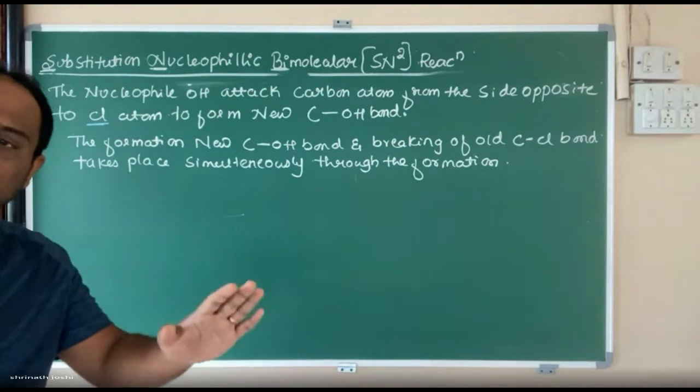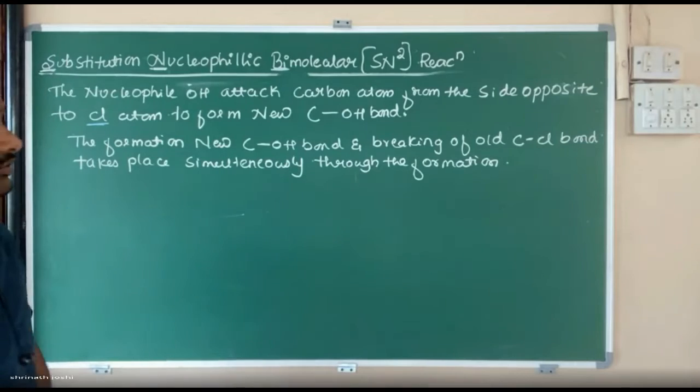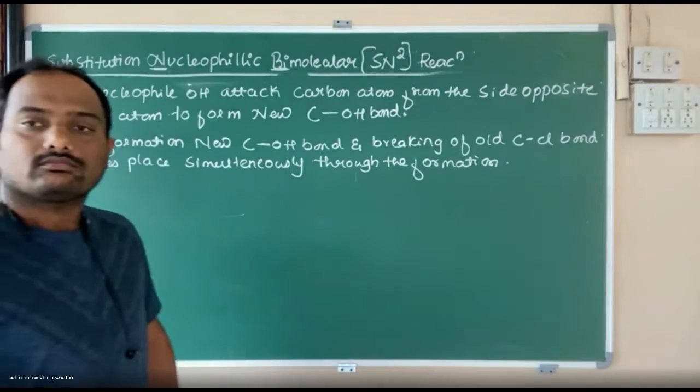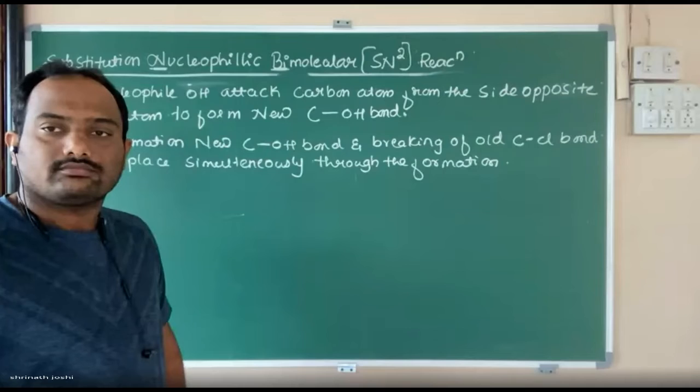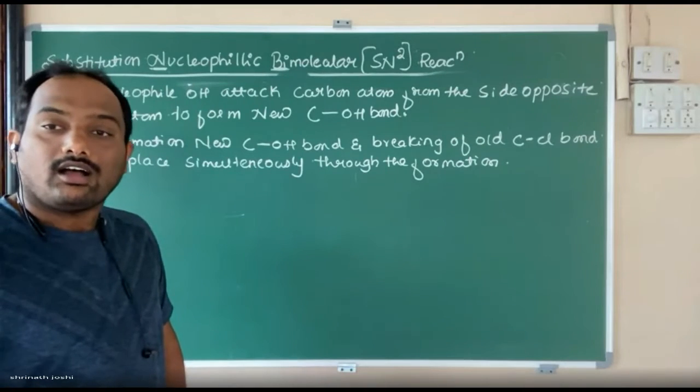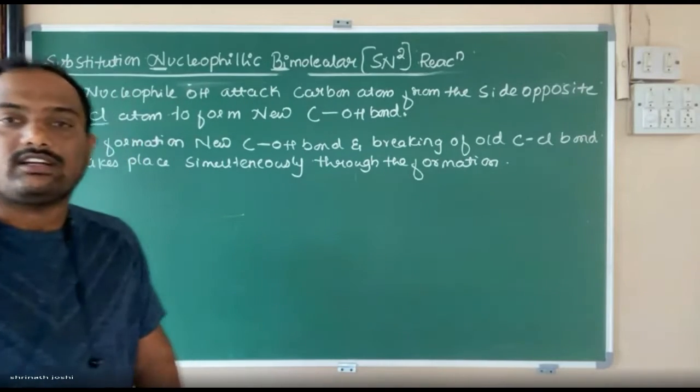As the Cl atom breaks, the OH atom becomes stronger. Through the formation of what? What will be formed in this reaction in SN2? Who will tell me? Through the formation of what? Not alcohol. Very good, fantastic.